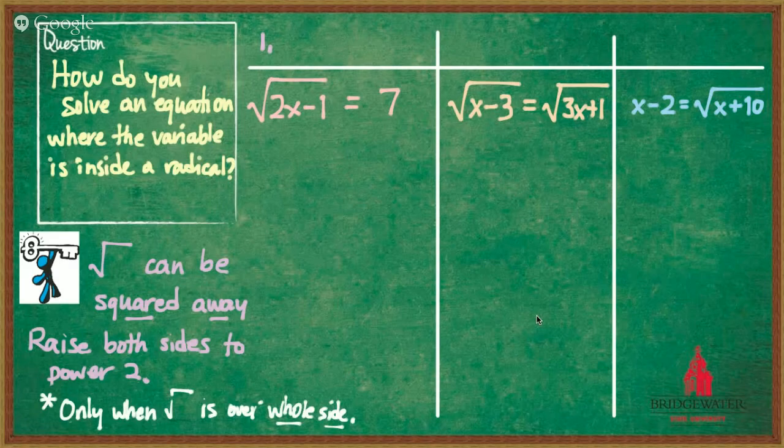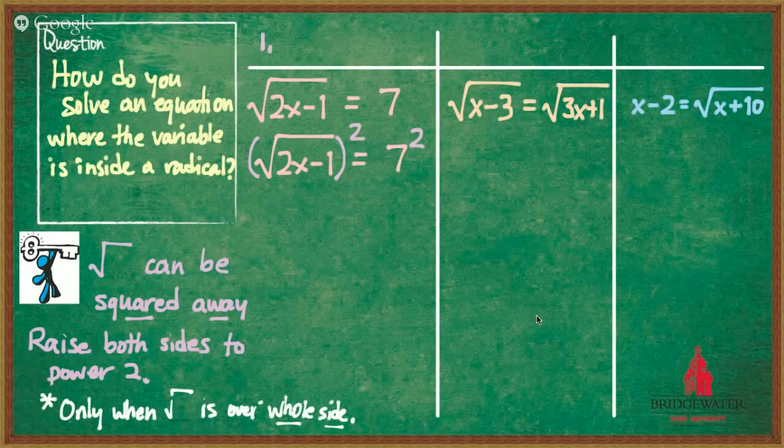We've got a radical expression on the left-hand side. We have just a number on the right-hand side, 7. And so the first thing I'm going to do is square both sides. Just raise both sides of this equation to the power 2. So over here on the left, raise that to the power 2. Over on the right, I'll raise that to the power 2.